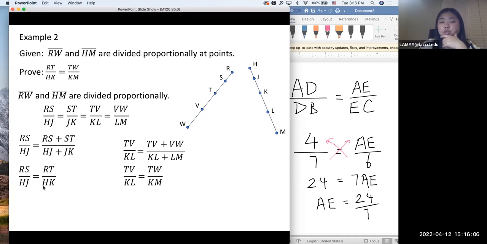And these two are equal to each other from the formula here. So therefore we can draw the conclusion: RT over HK equals TW over KM.